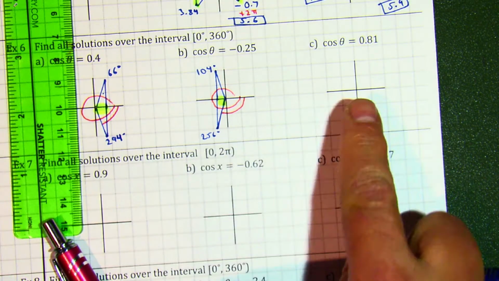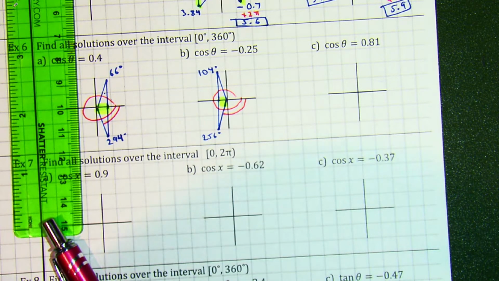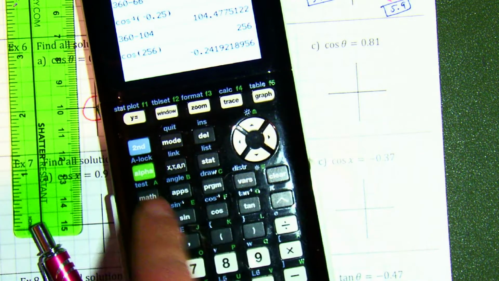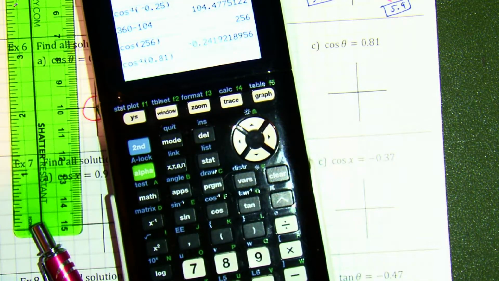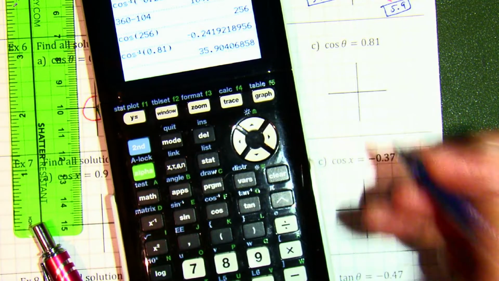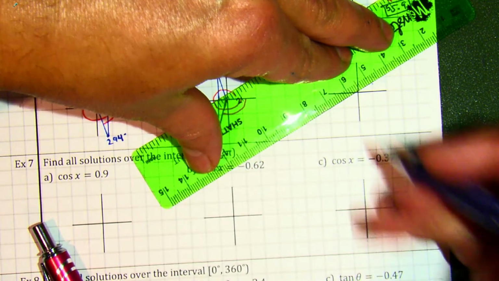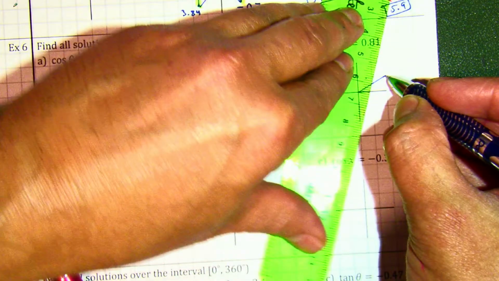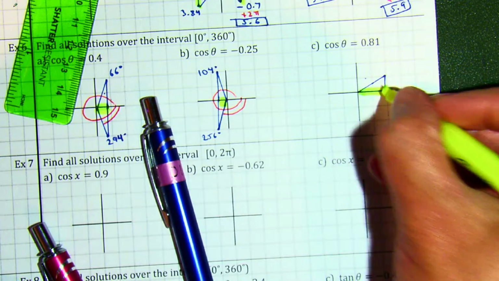So try the next one. See what you get. Let's see. The inverse cosine of 0.81 is 36 degrees. So 36 degrees is here. So where's the other angle who has the same x value?